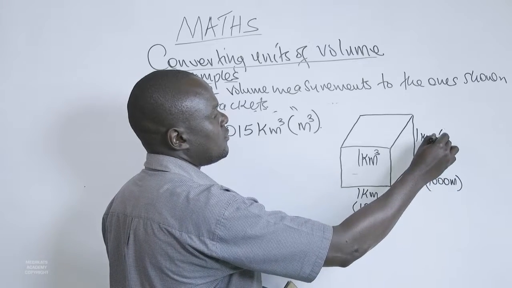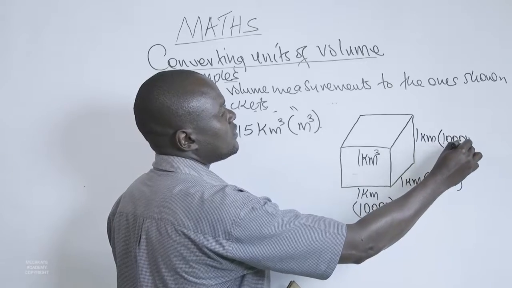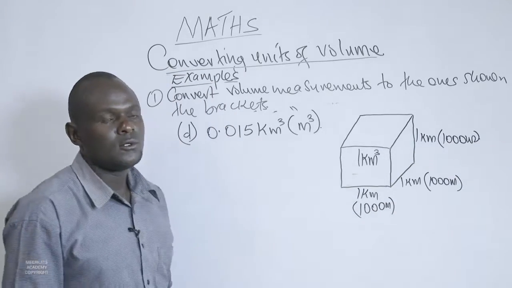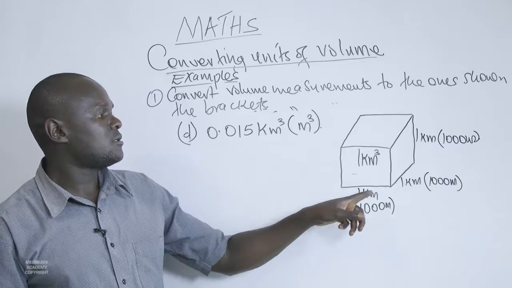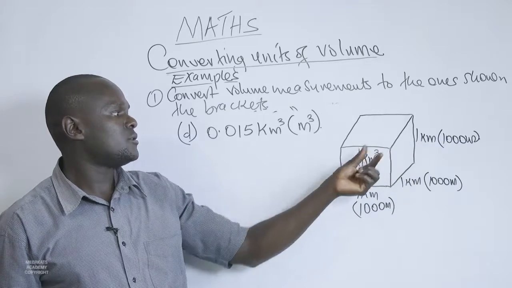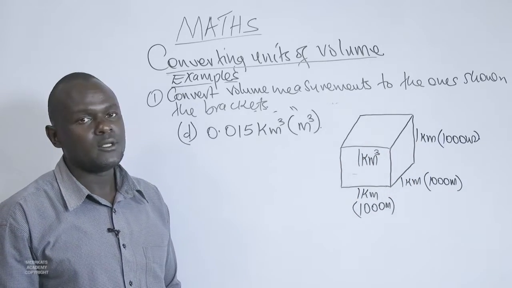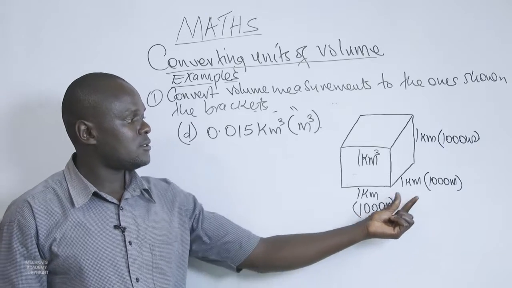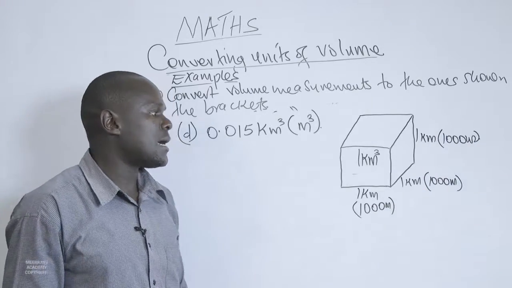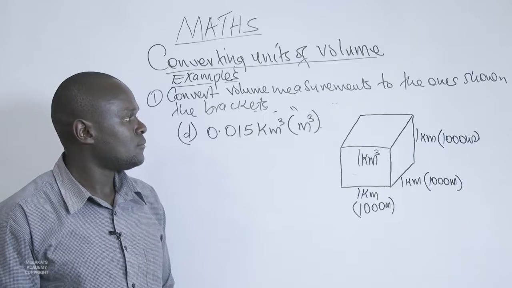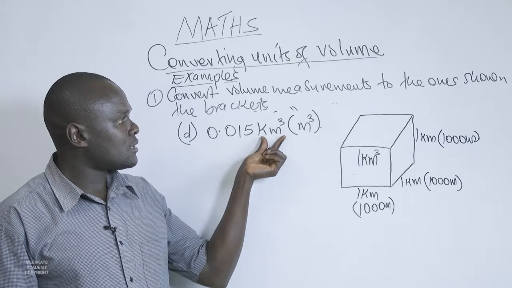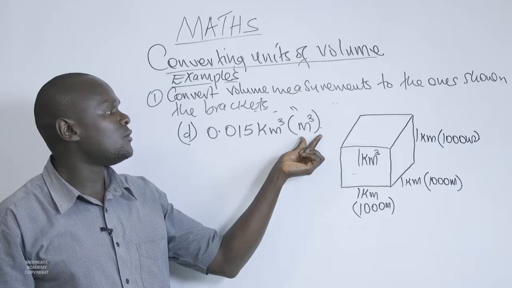And this one is also equivalent to 1,000 meters. So when you multiply a kilometer by another kilometer, you get 1 cubic kilometer. The same can be done here: you multiply this and that, and you'll get 1 billion cubic meters. So we want to convert from this larger unit to a smaller unit.